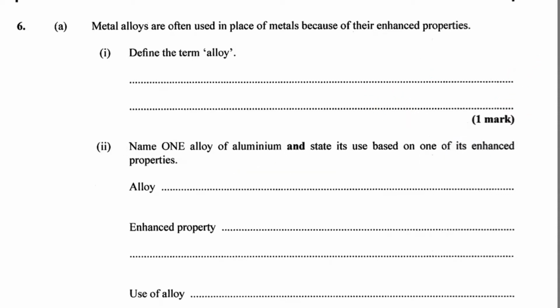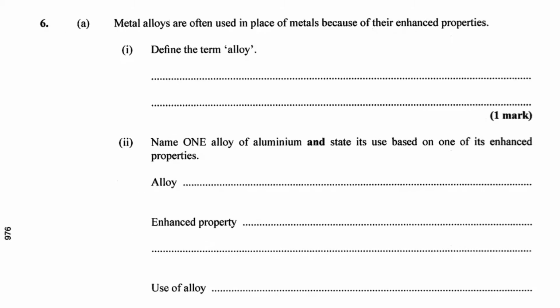Now, let's dive in. Metal alloys are often used in place of metals because of their enhanced properties. Part 1. Define the term alloy. All right. So this is 1 mark. So an alloy is a substance that is formed when a metal is mixed with other metals and or non-metals.